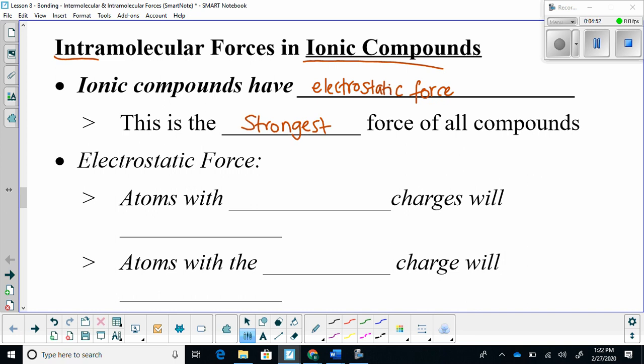The basic definition of an electrostatic force is that atoms with opposite charges will attract each other. If you've ever heard that saying, opposites attract, you can thank chemistry for that. Atoms with the same charge will repel each other.